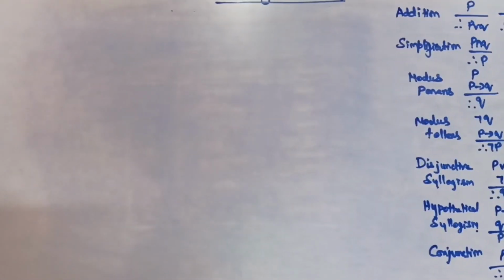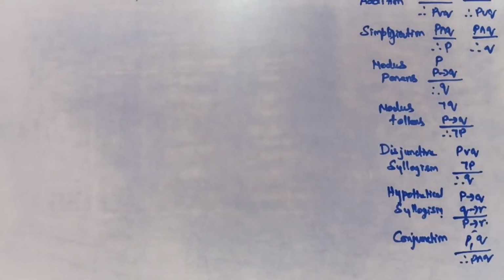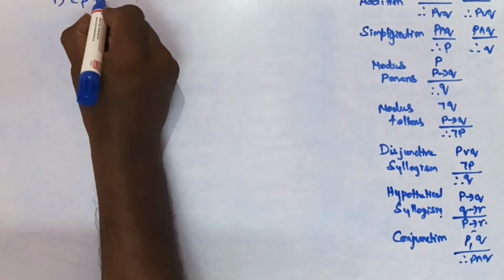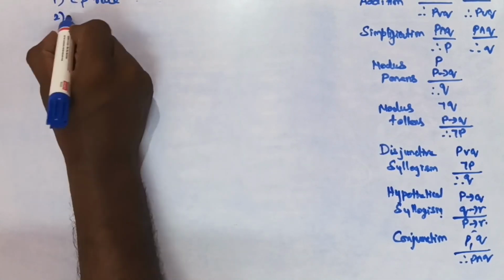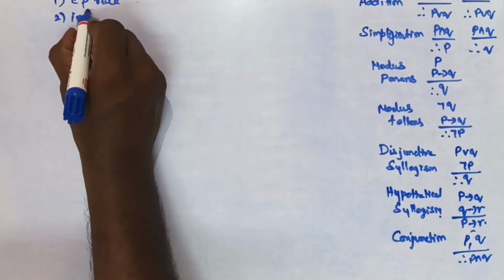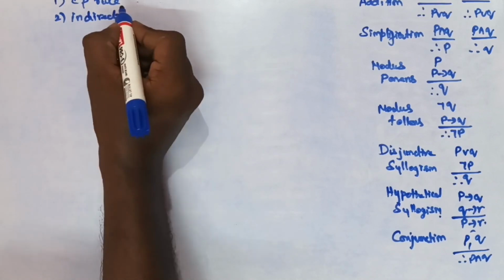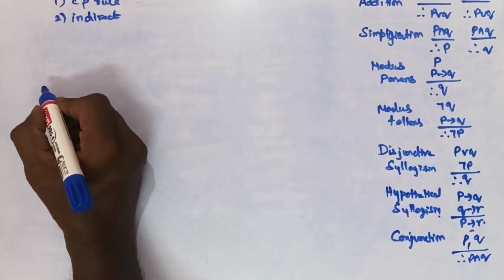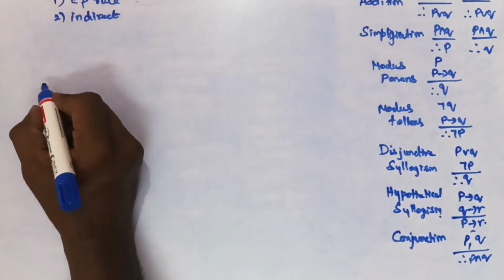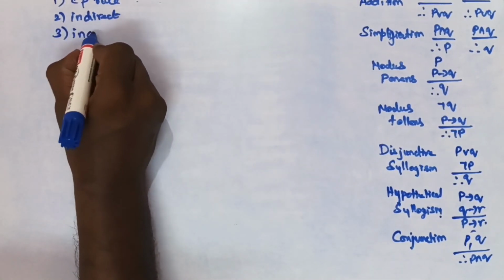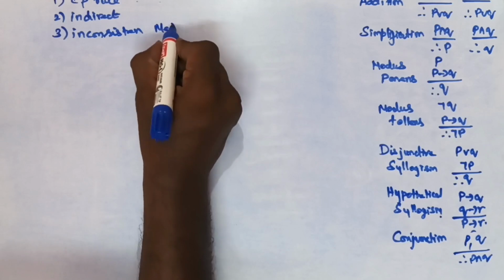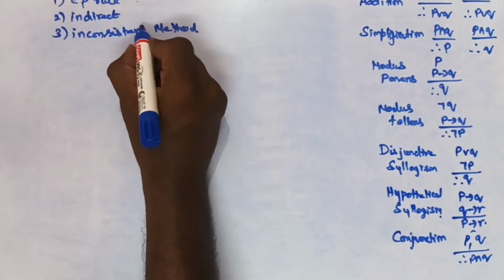One is called the direct method. Okay, three methods we have: one is the direct CP rule, the indirect method, and the inconsistent method.